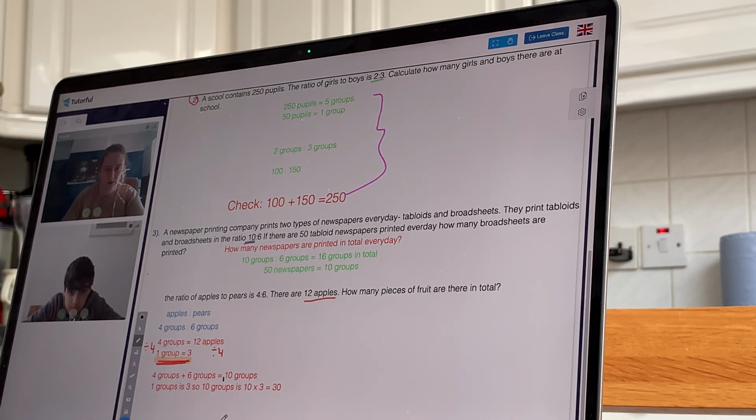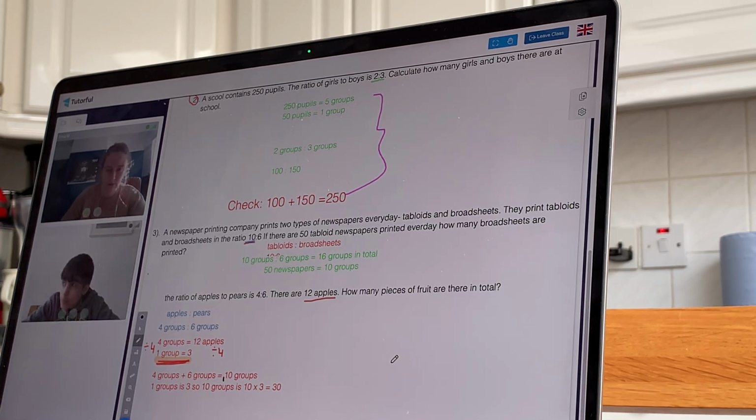Look, I'll just show you. Just write it out at the bottom. So this ratio is tabloids to broadsheets. So we have 50 tabloid newspapers, and 6.